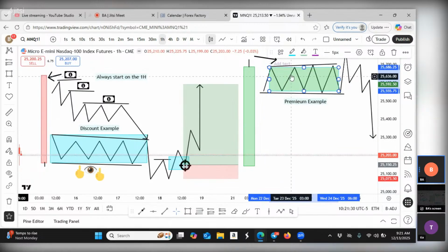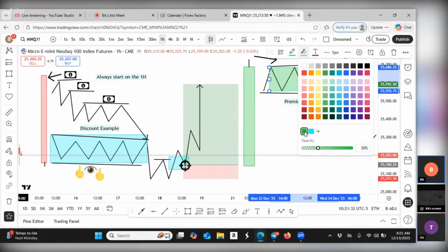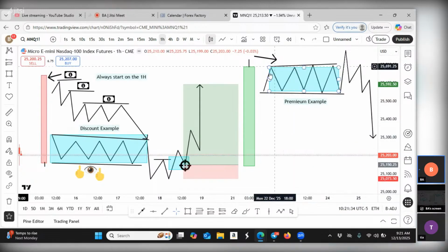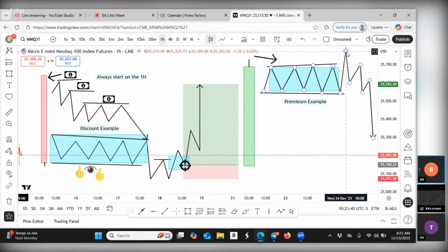Big money is not going to move price until there's enough trap money on both sides. If you know price is at a premium, this is what we're expecting. See how it bought all the way up to the top of the range? See how I did that? That's the manipulation.